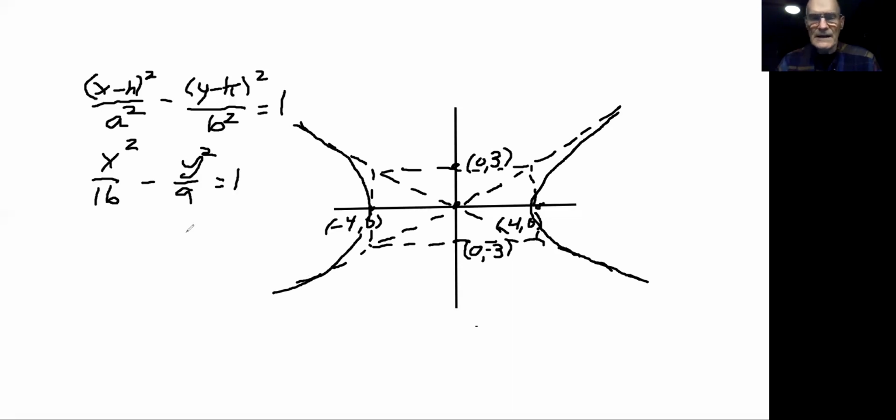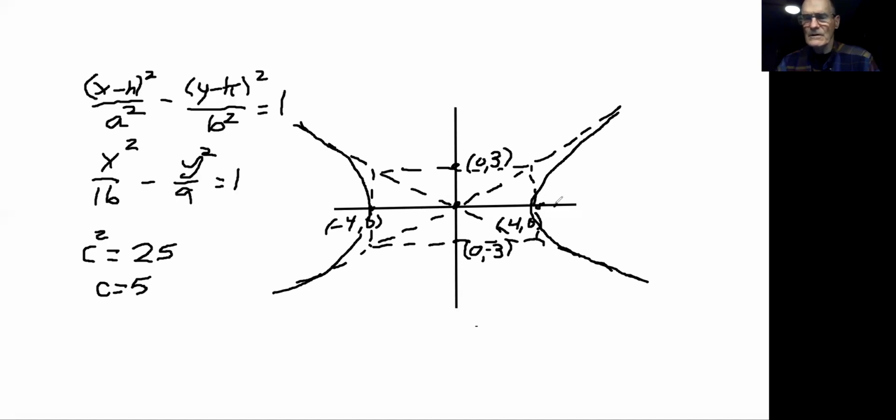Now, the foci. You remember with the ellipse, c squared was equal to the difference between these two numbers in the standard equation. For the hyperbola, c squared is equal to the sum of the two numbers. So in this case, c squared is 25, which means c is 5. Then you go from the center out 5 units to the right and left, because this is the way it opens.